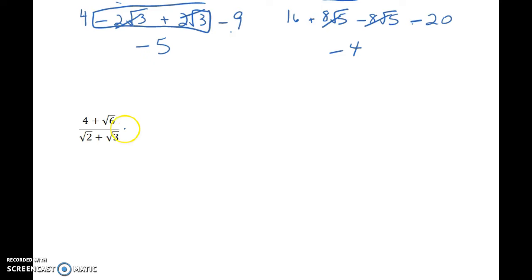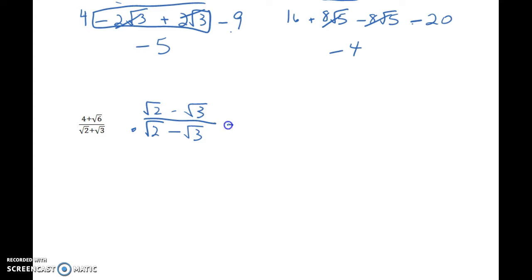So the conjugate of our denominator is square root of 2 minus the square root of 3. Remember, we have to multiply by a form of 1, so we multiply the numerator by the same thing. So square root of 2 minus the square root of 3.